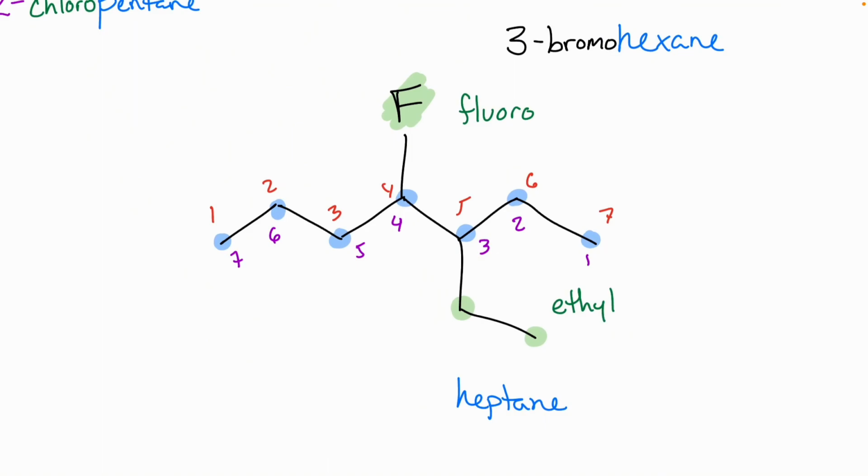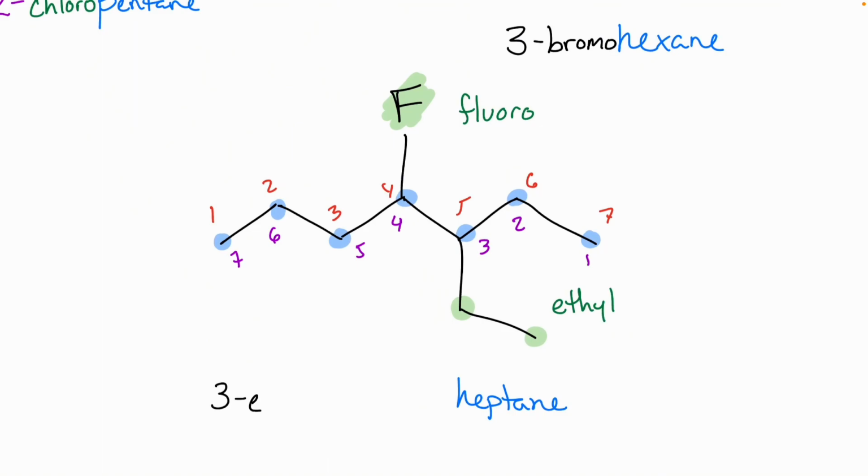And then now, remember, what do we do when we have multiple substituents? How do we construct the name? Alphabetical order, right? So same rule applies. Nothing crazy. All we've done is introduce now a new type of substituent, halogen substituents. Everything else is the same. So A, B, C, D, E, F. Okay, so ethyl comes first.